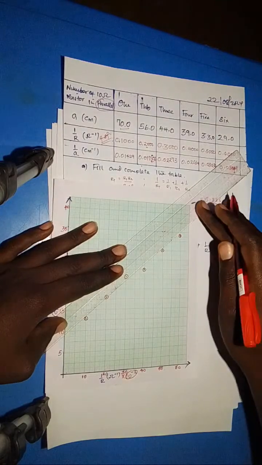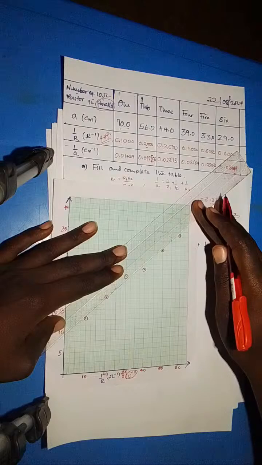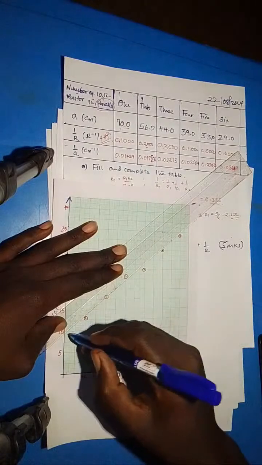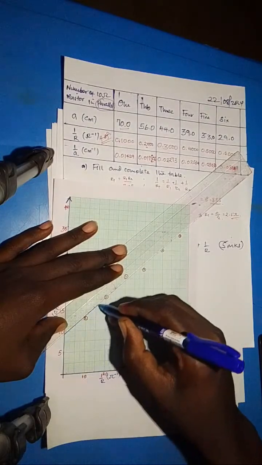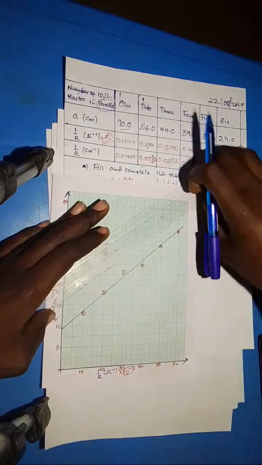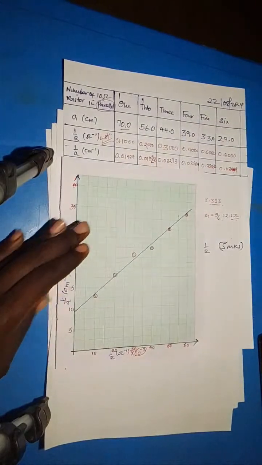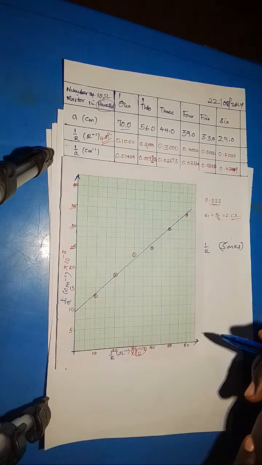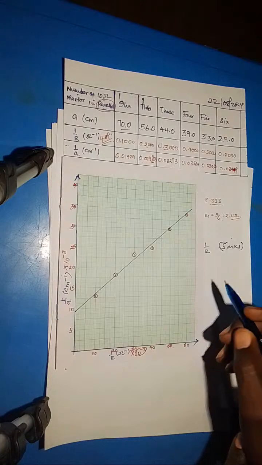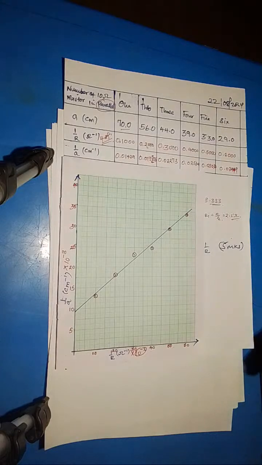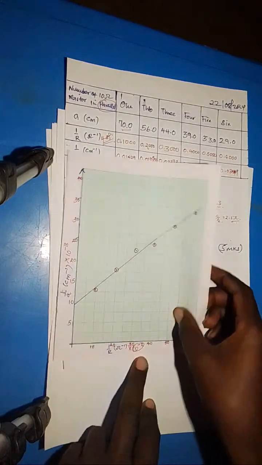Therefore, if it is like this now, then I can draw my line, like that. That now becomes my graph. And the reason as to why I have drawn it in this manner is because I had already gone through the intention of the graph.